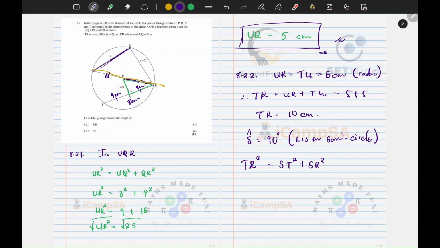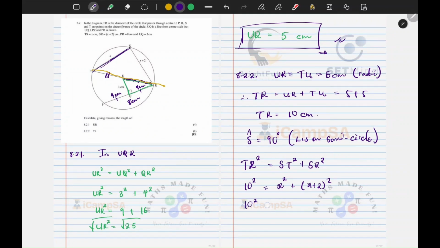So what is our TR? TR is 10 squared, equal to what is ST? ST is going to be x squared plus what is SR? SR is going to be x plus 2 squared.